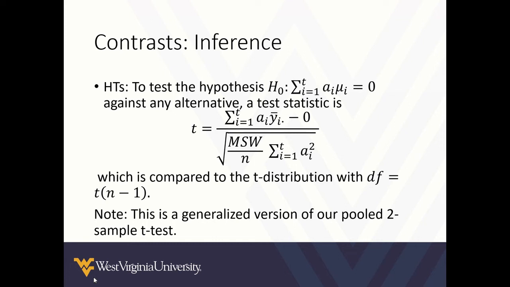And our test statistic would be t equal to the summation of i equals 1 to t of a_i times our row mean minus 0, all over the square root of MSW over n multiplied by the summation of i equals 1 to t of a_i squared, which is compared to the t distribution with degrees of freedom equal to t times n minus 1. And you may notice that this is actually just a generalized version of our pooled two-sample t-test.